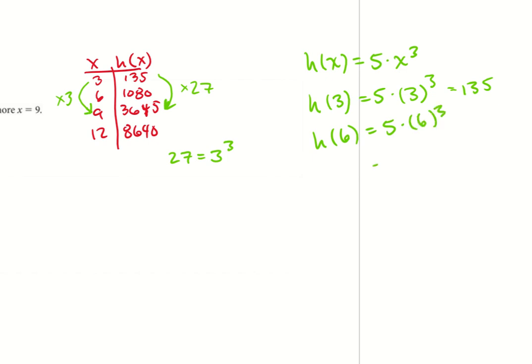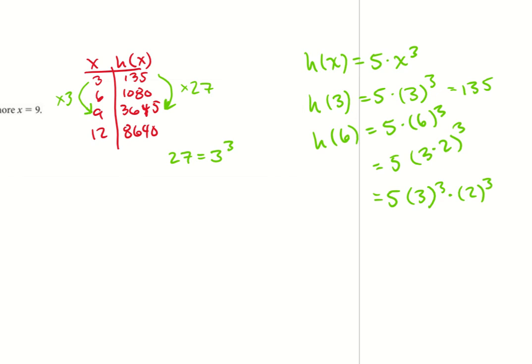Well, remember we just did a lot of this in our exponential units. 6 is the same as 3 times 2. And then remember our power of a product property says that we distribute this 3 to both the 3 and the 2. So this equals 5 times 3 cubed times 2 cubed.